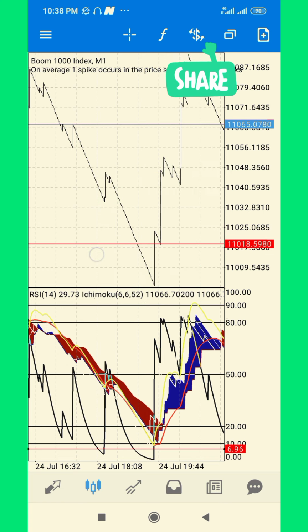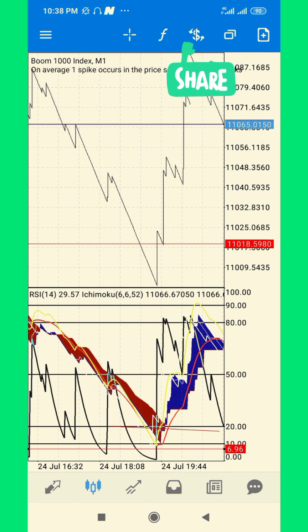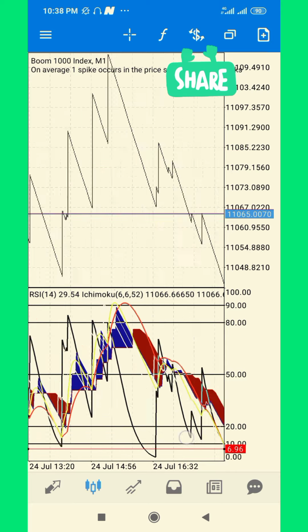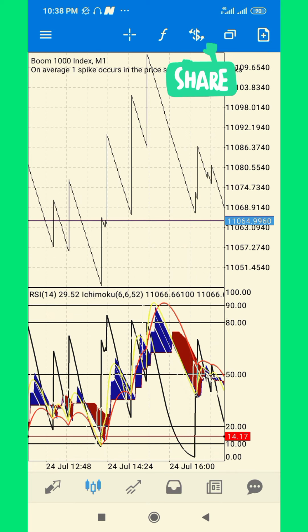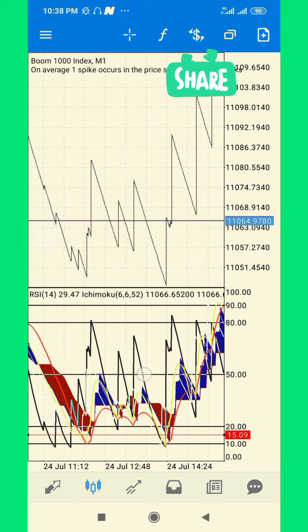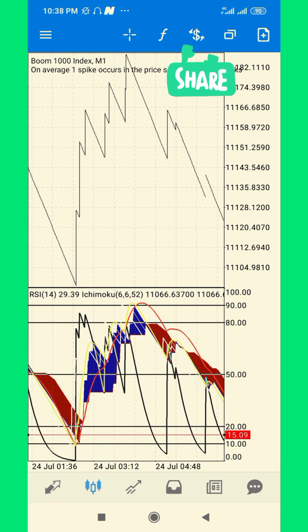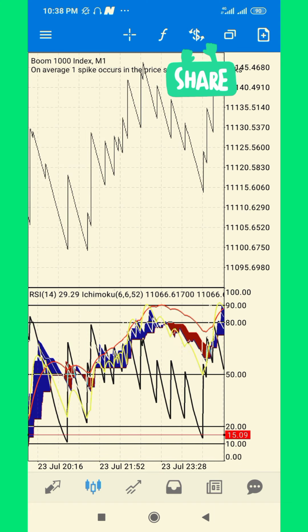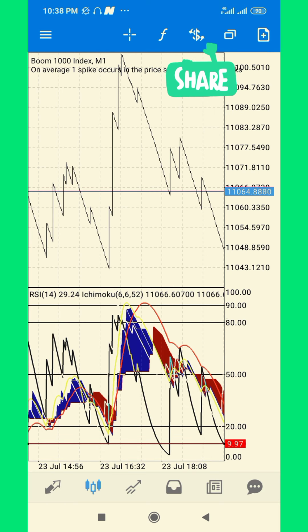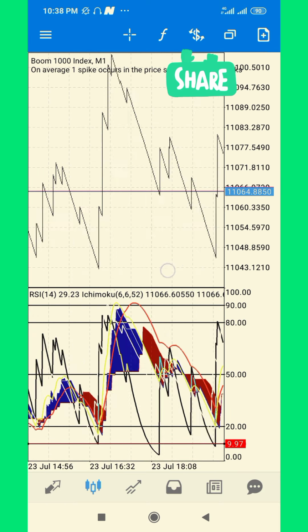Another one: when they are between 20 and 10, they spike up. Between 20 and 10, they spike up. Let's keep back testing. Between 20 and 10 here, they spike up.